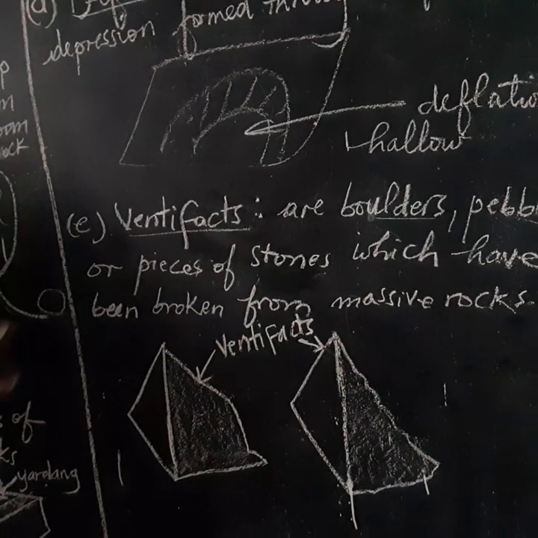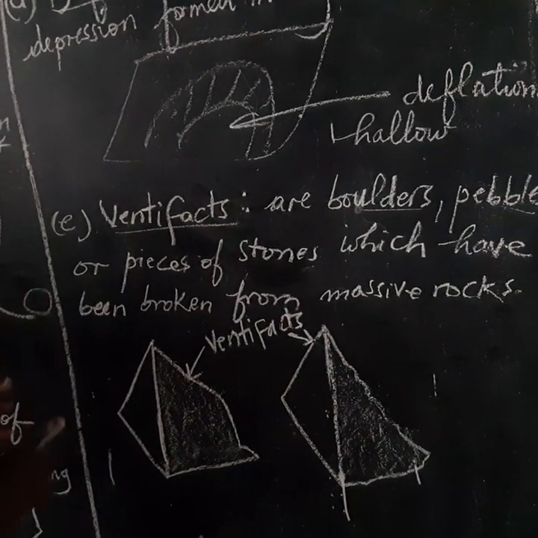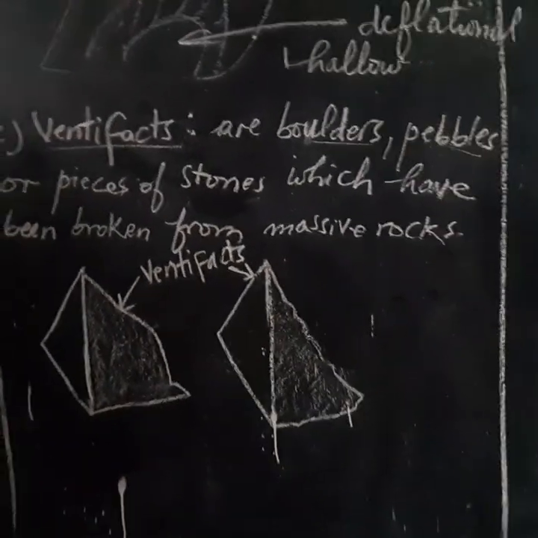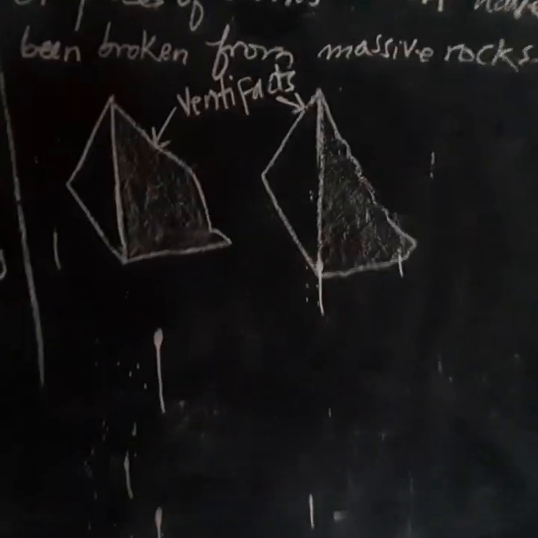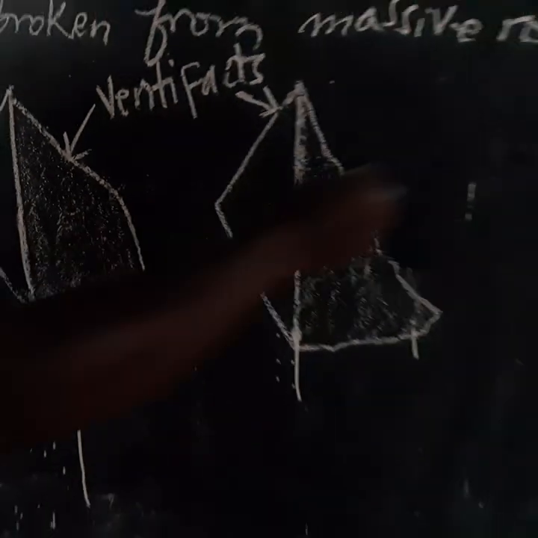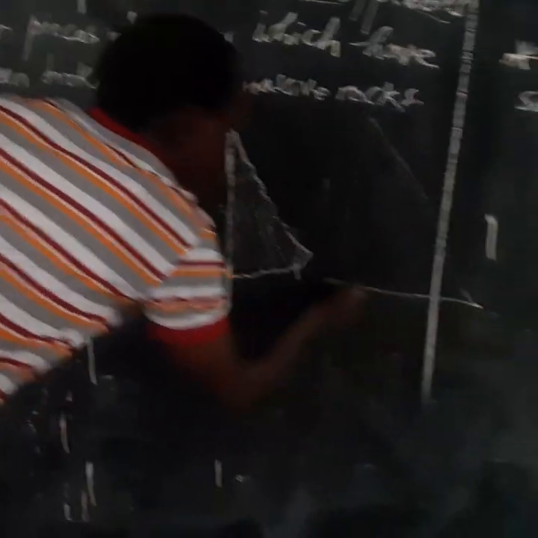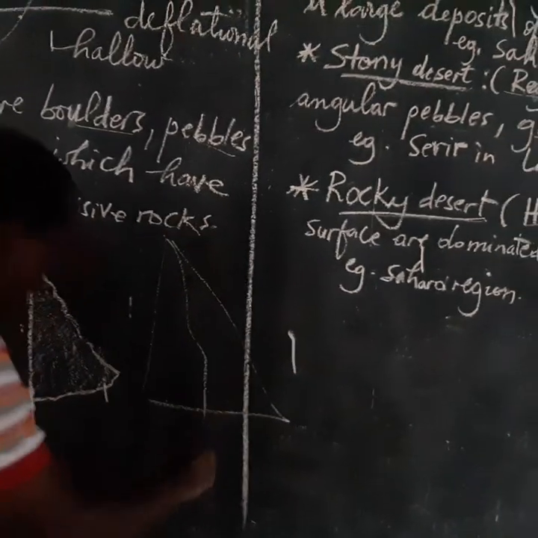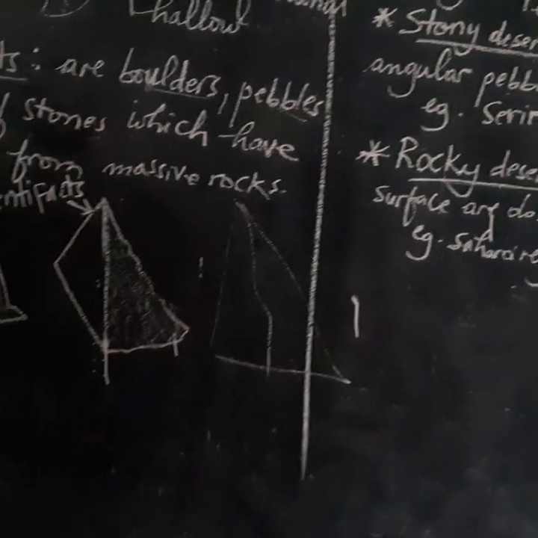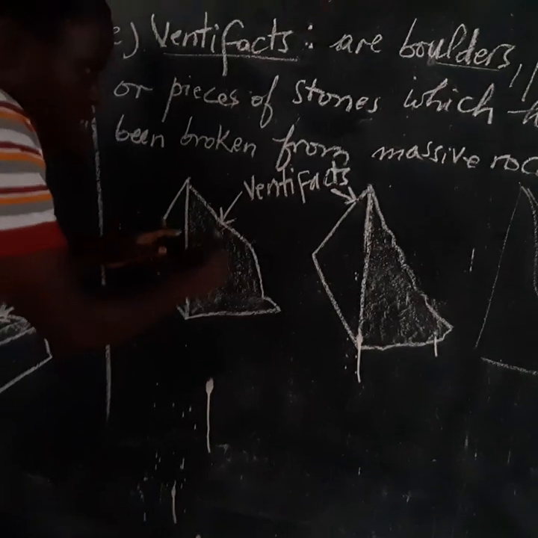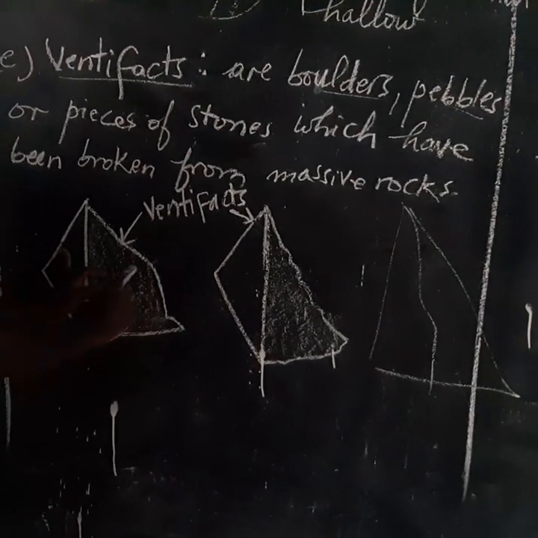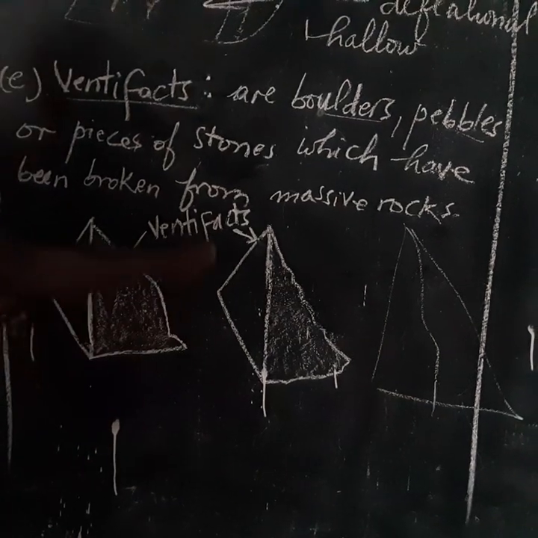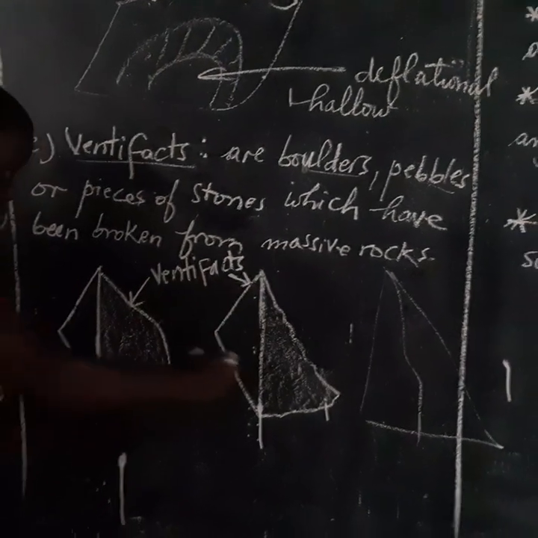We have a very big rock, and when weathering acts upon this big rock, it will be weathered into two main parts. One part will be displaced on one side, another on the other side, and they will eventually lead to the formation of a ventifact. So a ventifact looks like this.